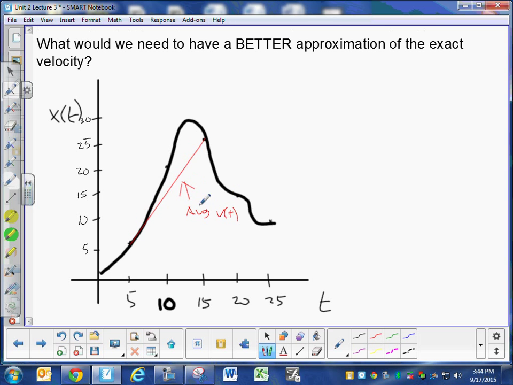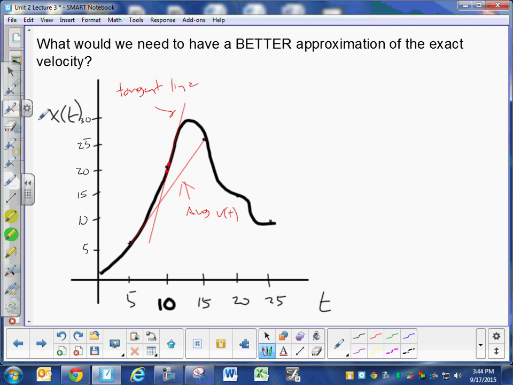Well, my average velocity looks like a secant line. What is it going to look like if I take 2 points infinitely close together and I connect them? It's going to turn into a line that will just touch my function at a point. This is what we call a tangent line.